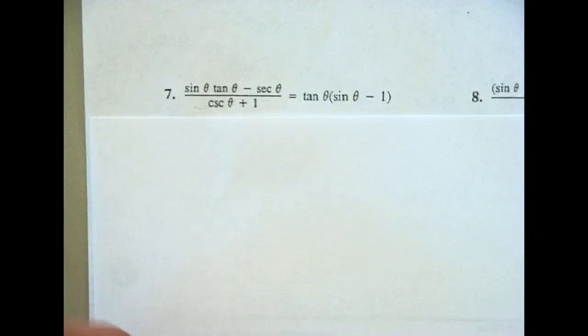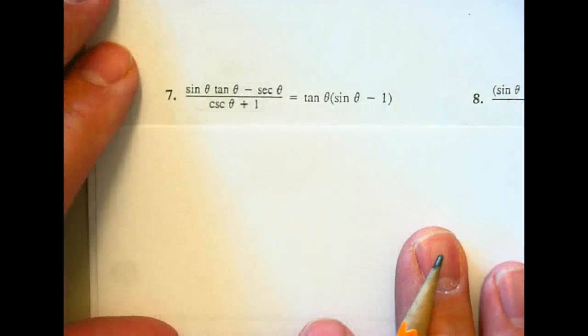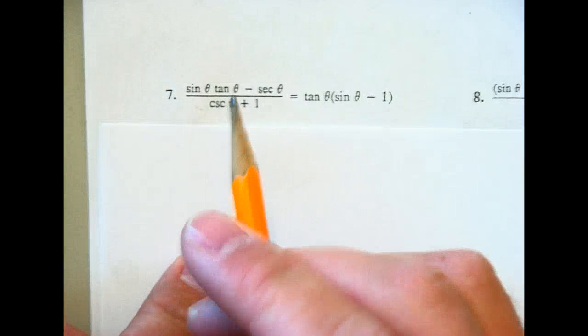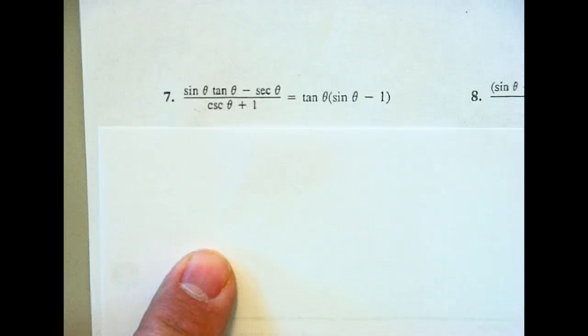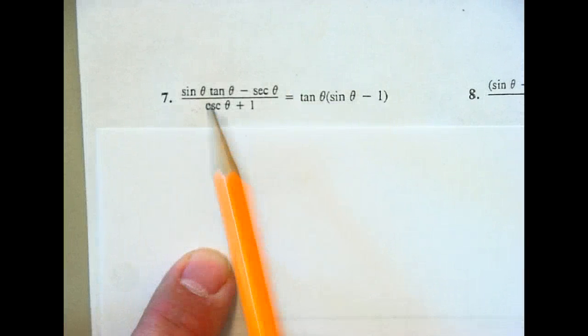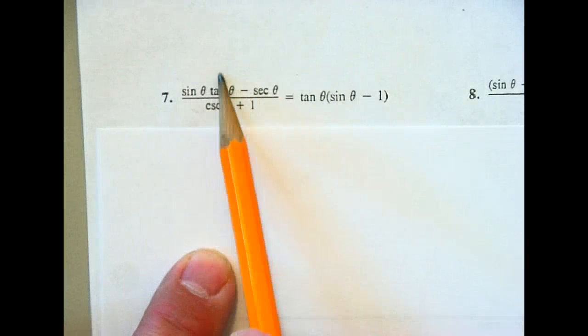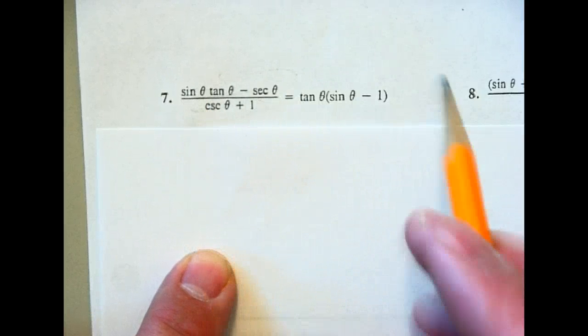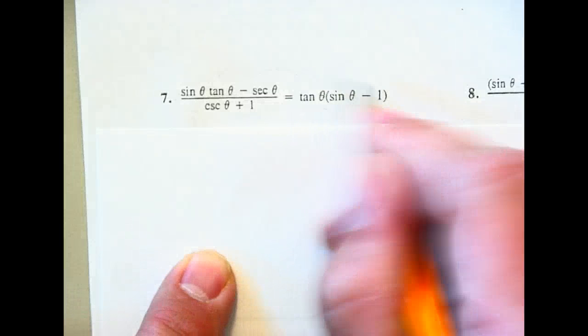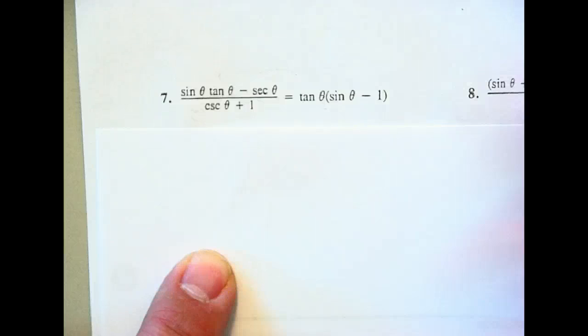Okay, so on number 7, once again, the first thing is to simplify tops and bottoms if you can. In this case, there's not much I can do up here or here. Here I'm going to distribute, because sometimes it's tougher when you have that extra piece in there.